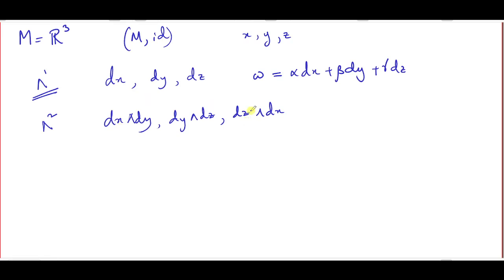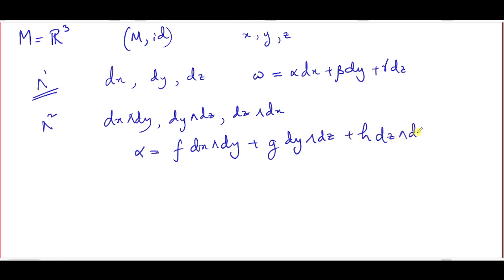Notice the dx wedge dx is identically 0, so those terms don't exist. And dy wedge dx is essentially dx wedge dy with a minus sign, so you don't count that separately. So any such form, let's say a 2 form, would be of the form f times dx wedge dy plus g times dy wedge dz plus say h times dz wedge dx. Again, f, g and h are functions.